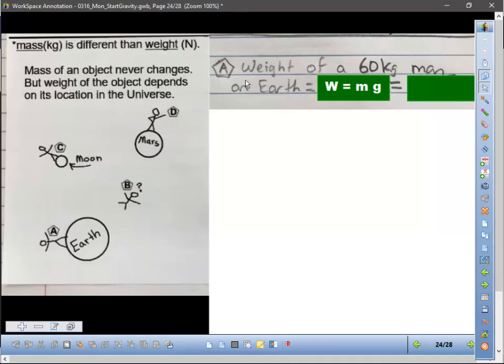A. So just write this down in your notes. The weight of a 60 kilogram man on Earth. All these guys are going to be 60 kilograms when we go through it, and we're going to calculate the weight. So we know the equation: the weight is m times g. My question is, if we plug in the numbers for m and g and multiply on our calculator, what do we get for our answer?